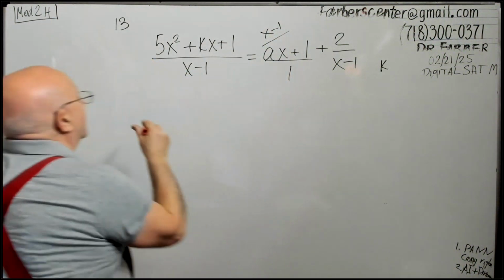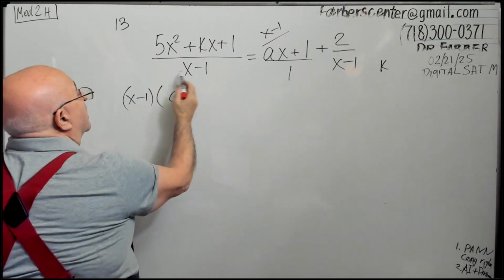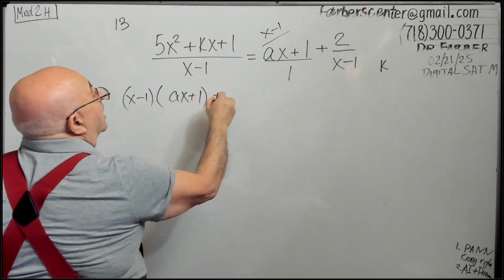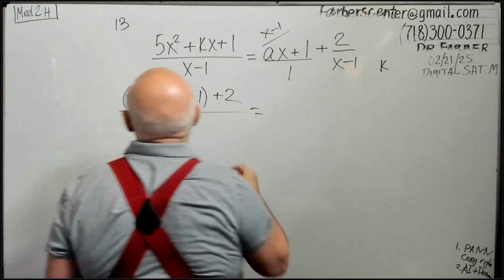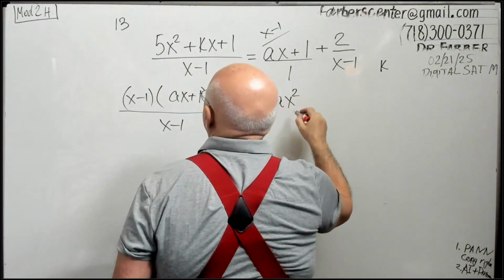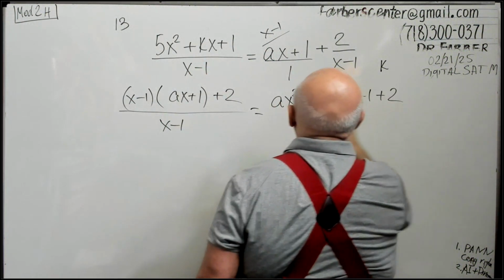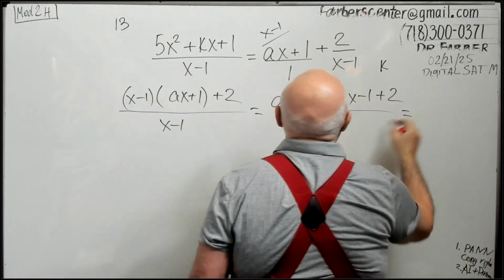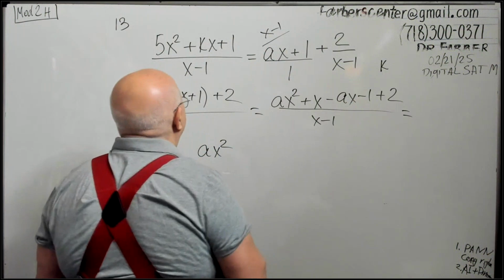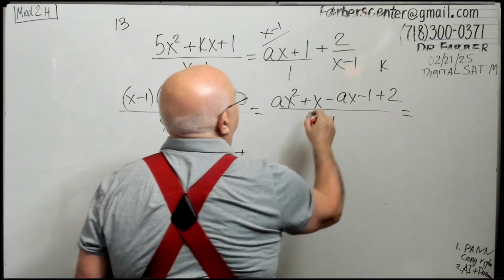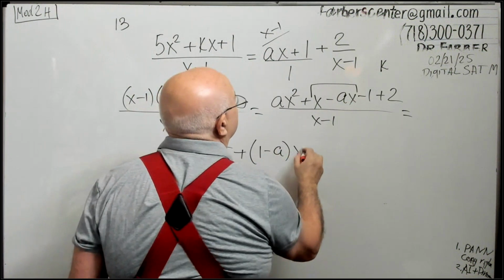Operate on the right part: you have x minus 1 times (ax plus 1) plus 2 divided by x minus 1, or distributive: ax squared plus x minus ax minus 1 and plus 2 divided by x minus 1, which is ax squared plus these two combined together, (1 minus a) x, factorize.